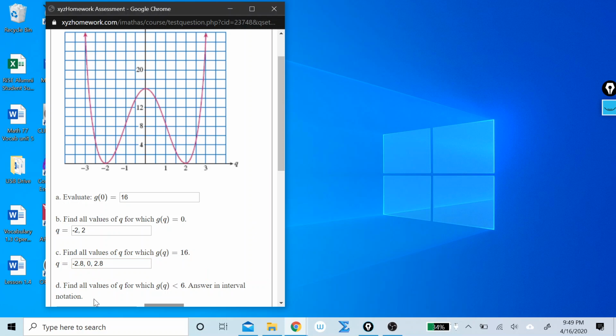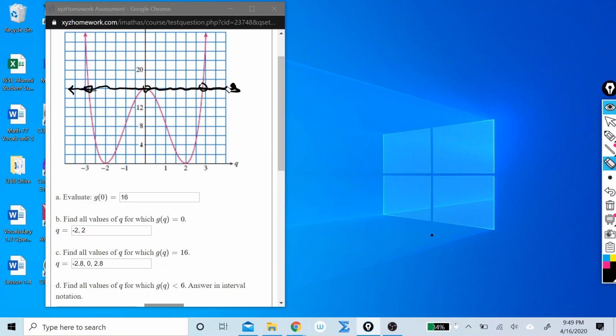And then finally, find all values of q for when g of q is less than 6. So I'm going to erase this line here, and I'm going to draw in when my output is 6.